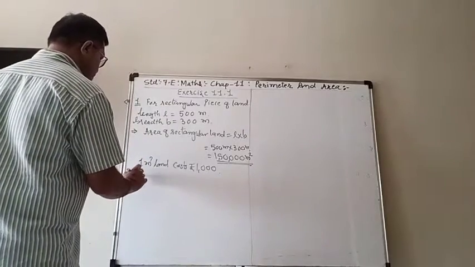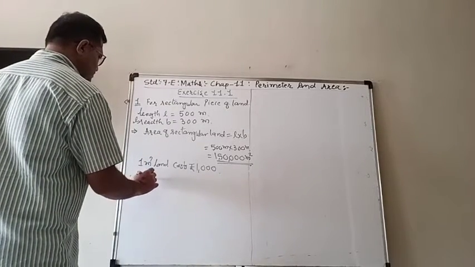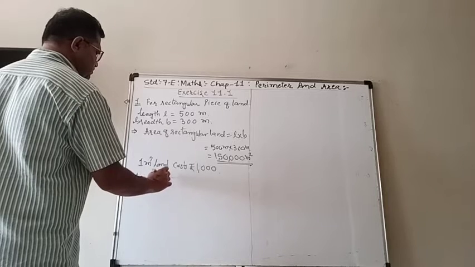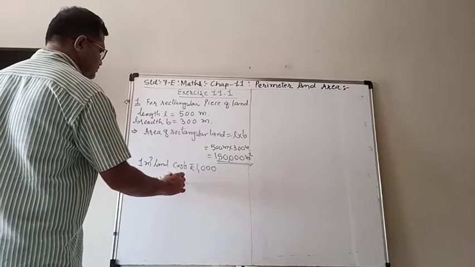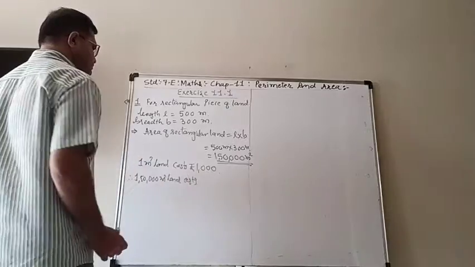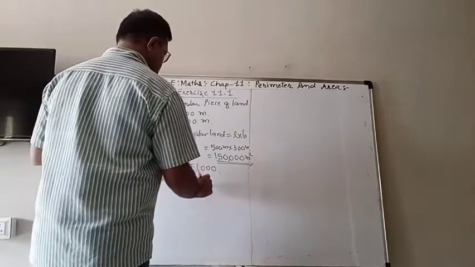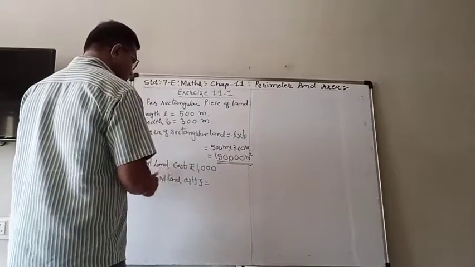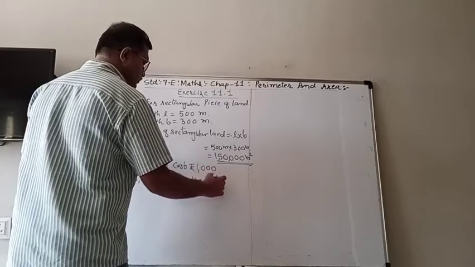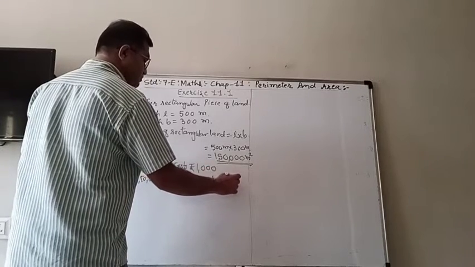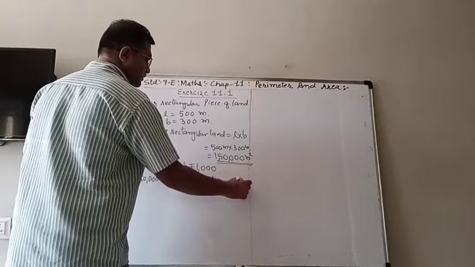Therefore, 1,50,000 meter square land cost rupees is equal to, we have to multiply it with 1000. So 1,50,000 multiplied by 1000.